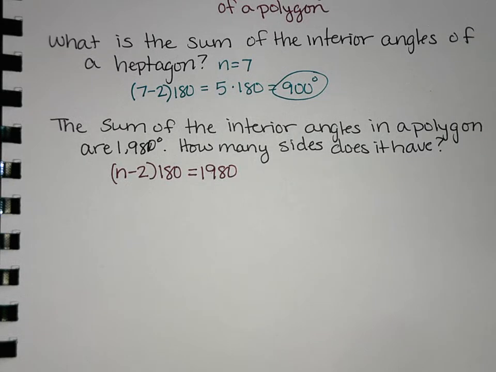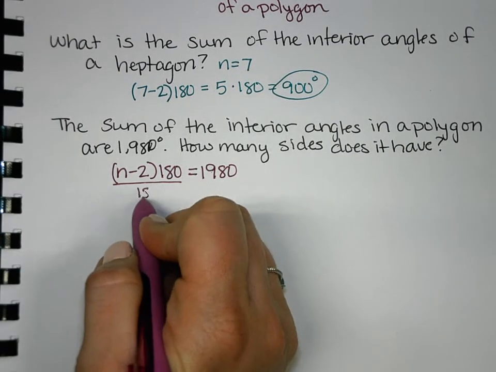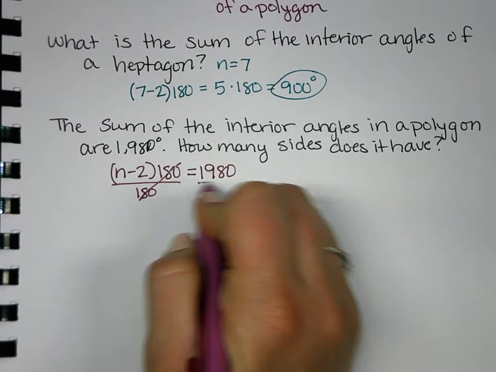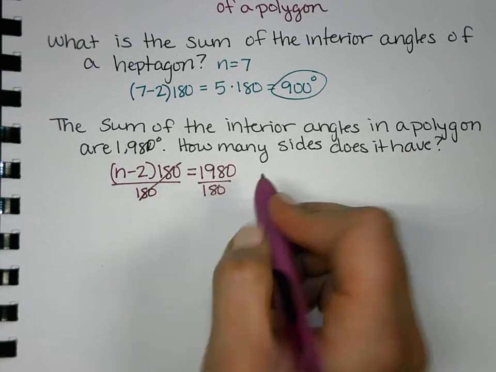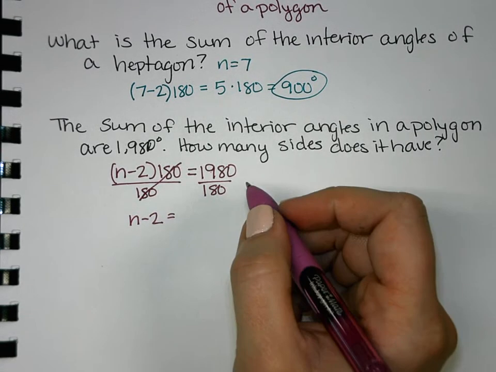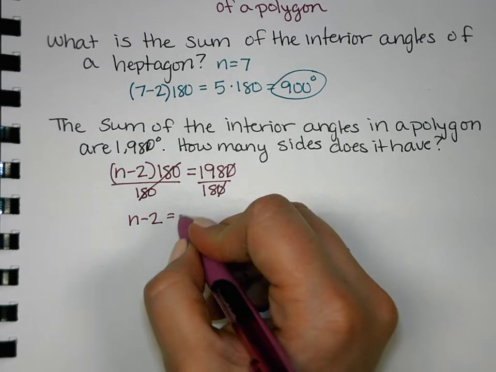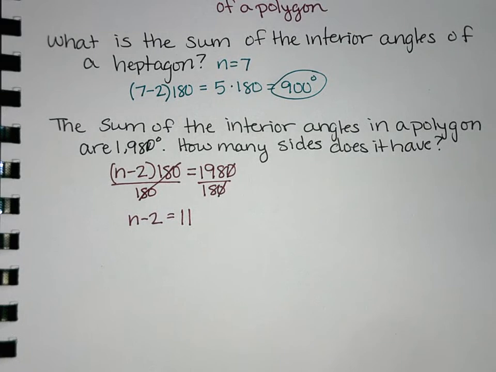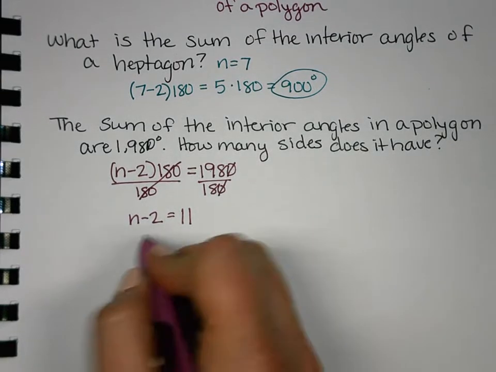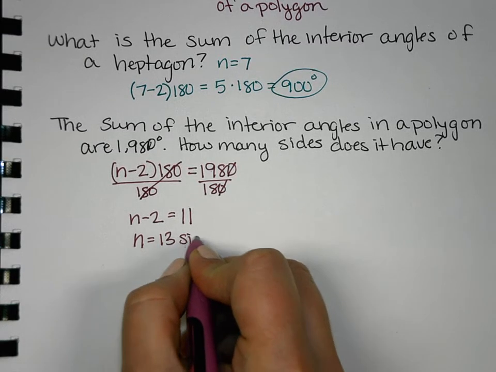William? 1980 divided by 180. Okay, one way to start this is to divide both sides by 180 right away. So you get n minus 2 equals, and let's see, those will cancel out, 11. What can we do then to solve for n? Add 2, and we get that it has 13 sides.